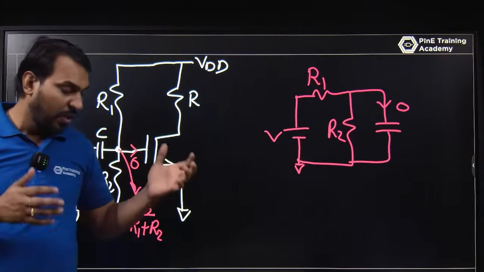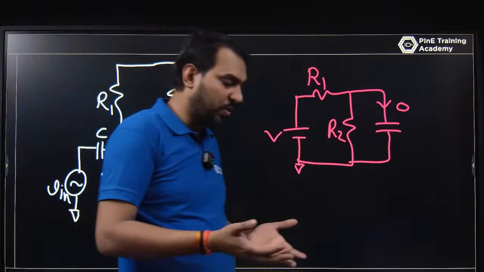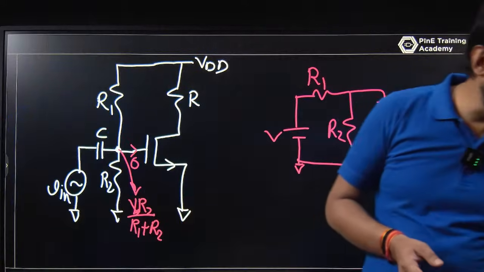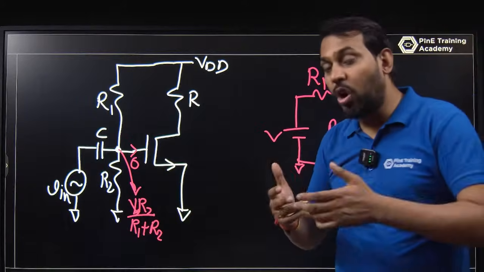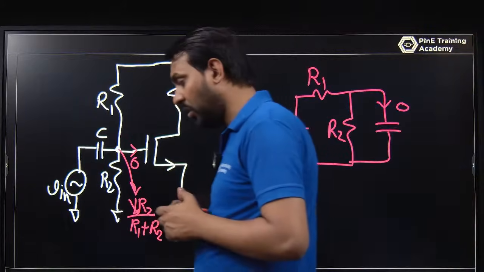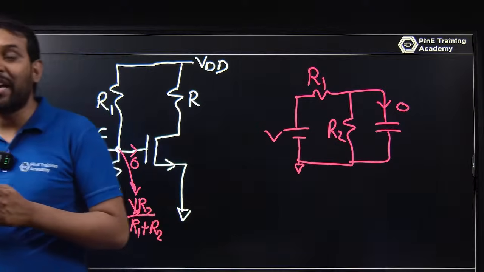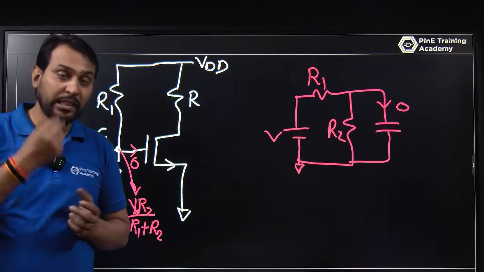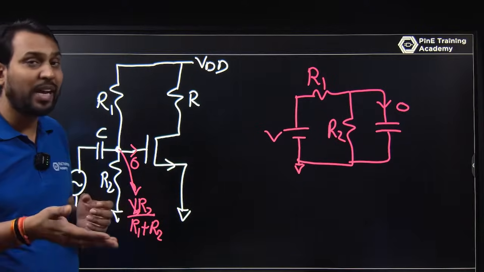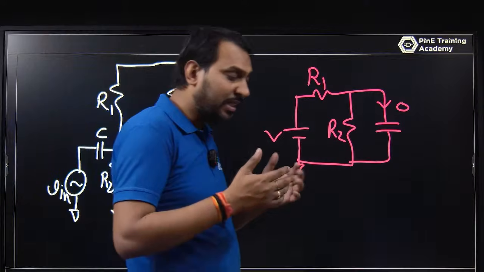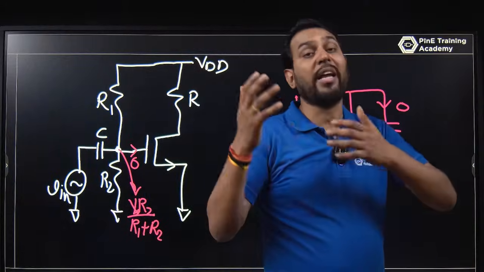And then we talk about node, branch and loop. A node is basically a point at which two or more elements are connected. If two elements are connected, that is called a simple node. If more than two elements are connected, that is called a principal node. The simple node and principal node are required for KCL.